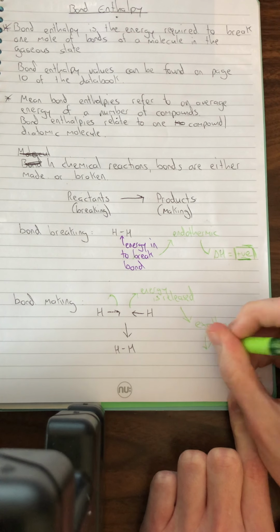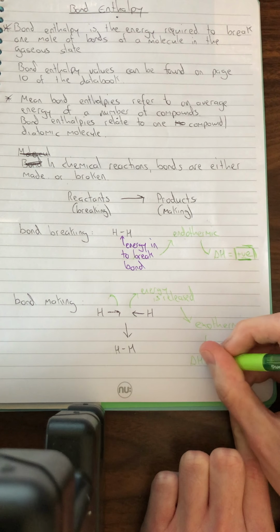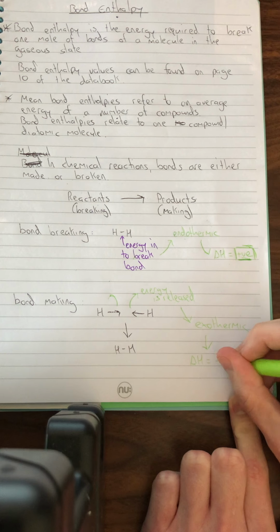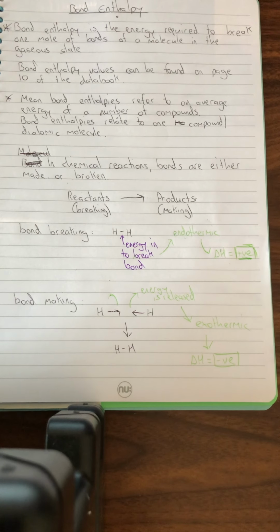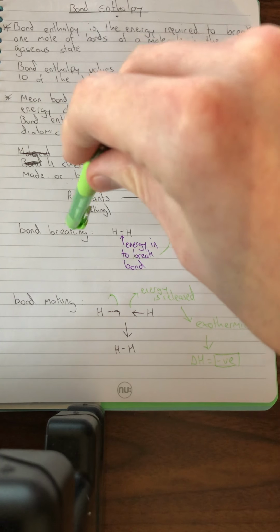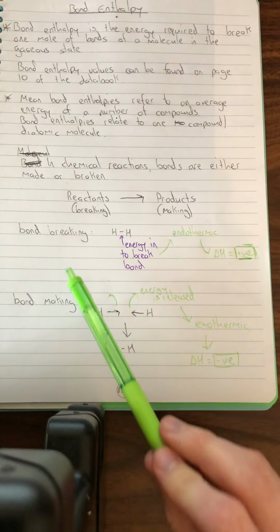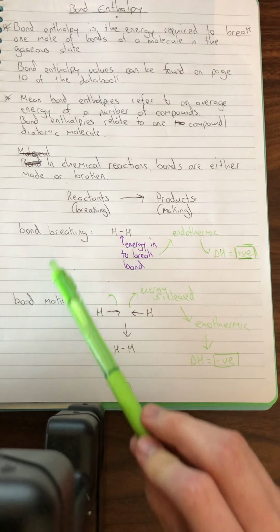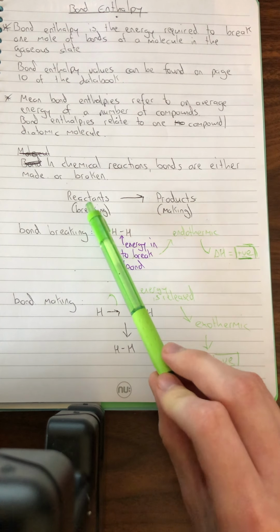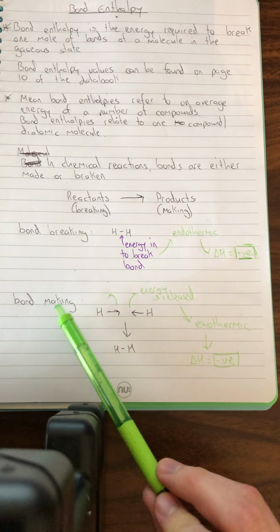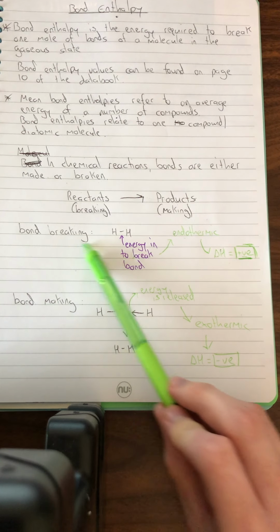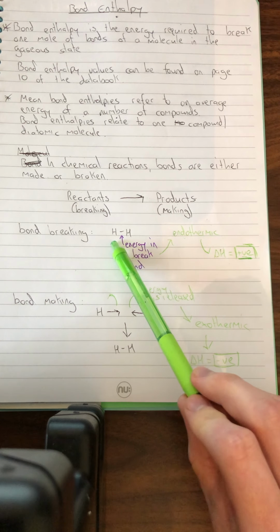And if it's exothermic, that means the delta H value is negative, and we did that when we did enthalpy of combustion, okay? So it's very important that you understand the difference between bond breaking and bond making. When we are breaking bonds, it's the reactants that we're breaking, and we're making the bonds in the products, okay? For bond breaking, we need energy to break those bonds.